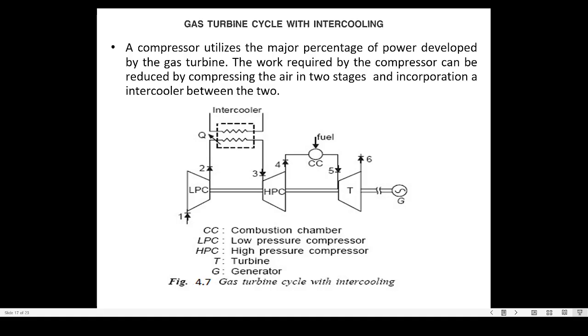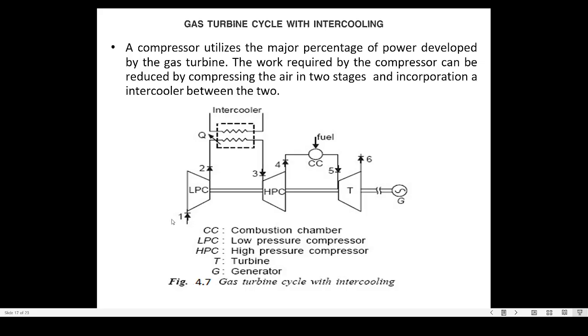This work can be reduced by compressing the air in two stages instead of compressing it from initial to final pressure in a single stage, right? And in between the two compressors, we can install a heat exchanger known as an intercooler. We can see the different state points: point 1, 2, 3, 4, 5, and 6.